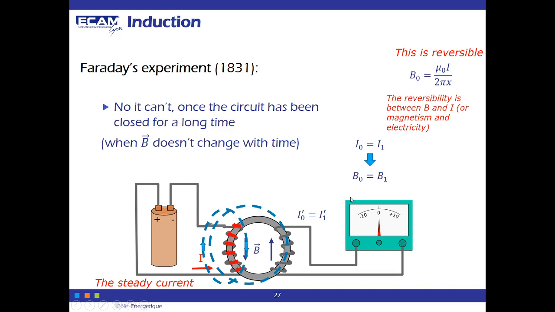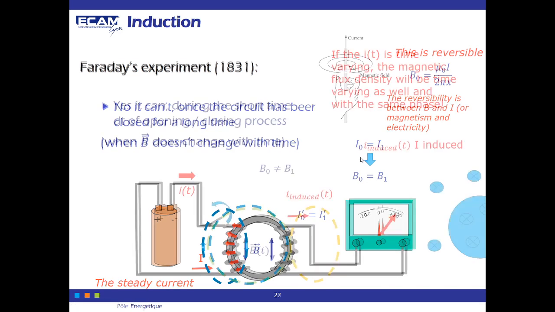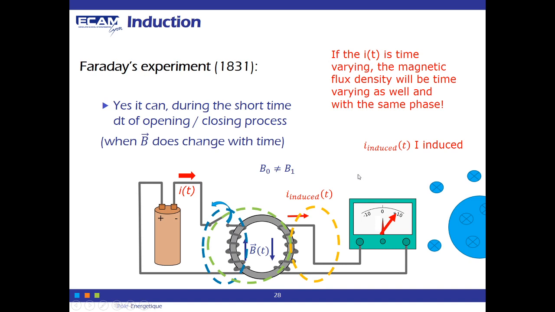This is a very important part of Faraday's experiment, because in the next part, he makes such a switching with a certain frequency. He switches the supply on and off, and finally it creates an intermittent pattern of magnetic flux density.